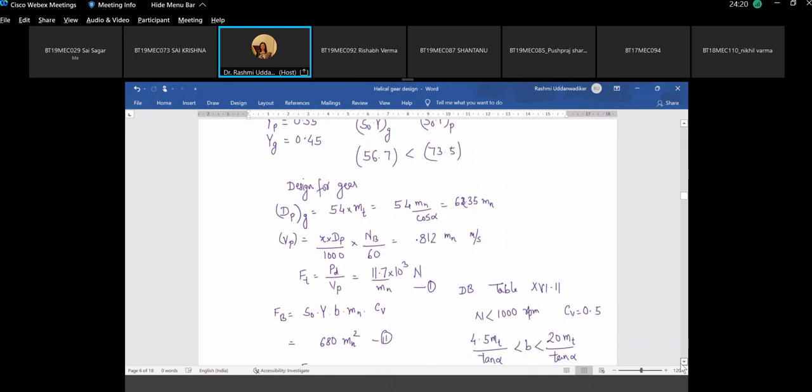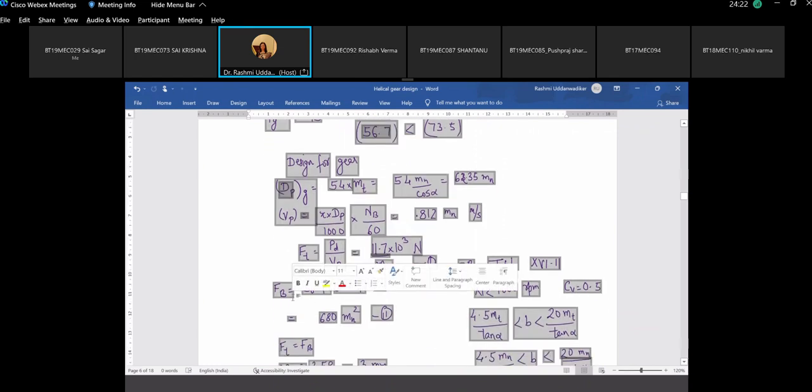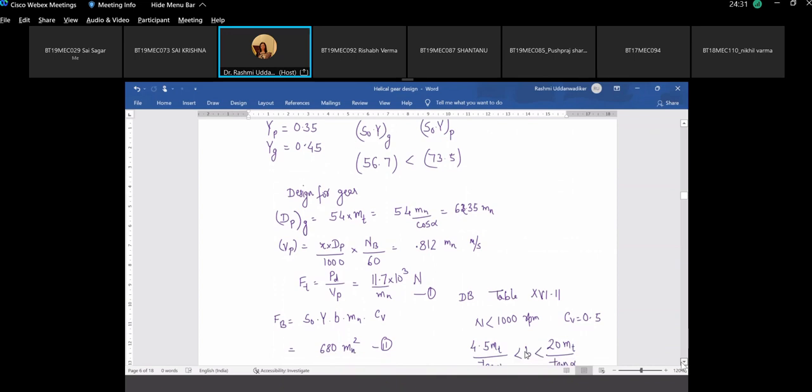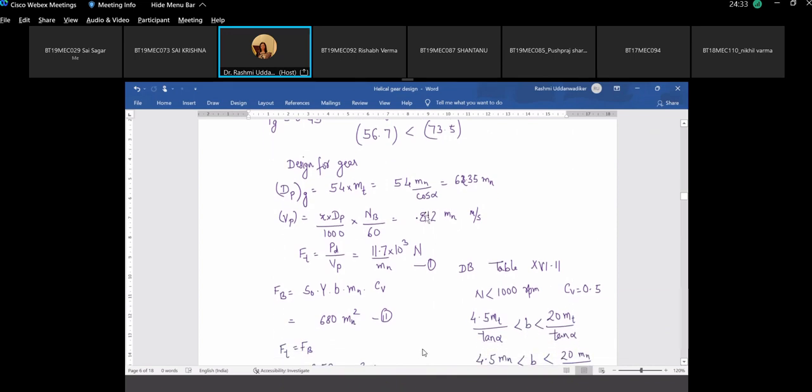Next step is we go for the beam strength. Beam strength formula as per the Lewis form. Lewis equation is S0 Y B Mn into Cv, as you know. Cv is based on Vp, but since Vp is not known, it is in terms of Mn. So initially we select the value of Cv based on its RPM. We know that this gear is rotating at 248 RPM, which is less than 1000 RPM.